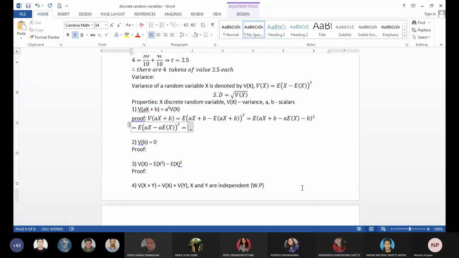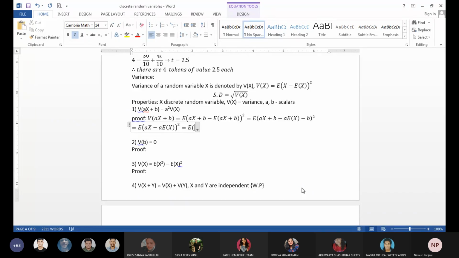Yes, sir. So now you can see that plus b minus b gets cancelled. What remains is expected value of ax minus a expected value of x the whole square.